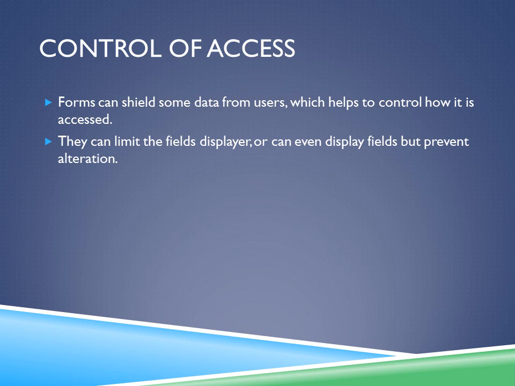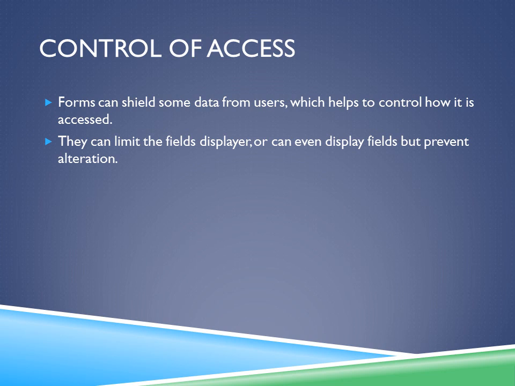One big plus to forms is the way they can shield data. They can shield certain types of data from different users, which helps to control how it's accessed. For example, they could limit the fields that are displayed when a user is looking at the form, or they could display fields but prevent alteration. So you could choose the extent to which users can access or control the forms.